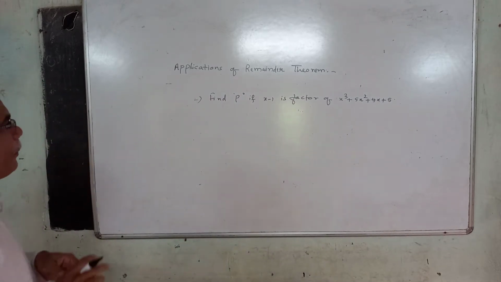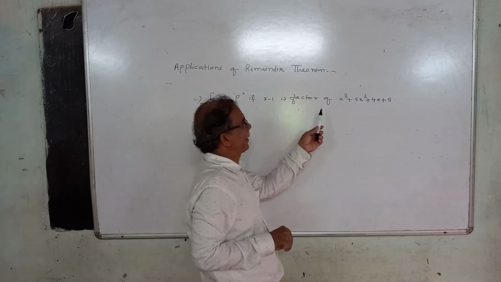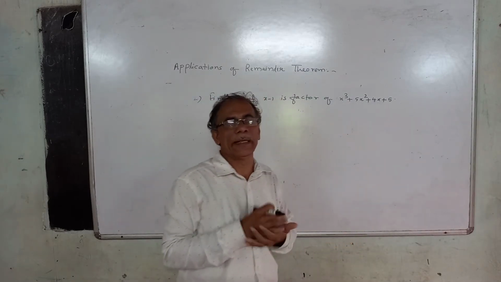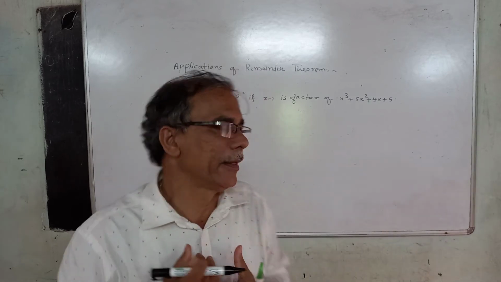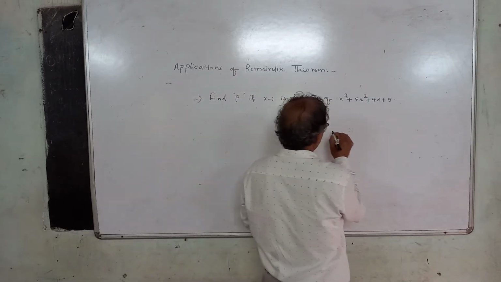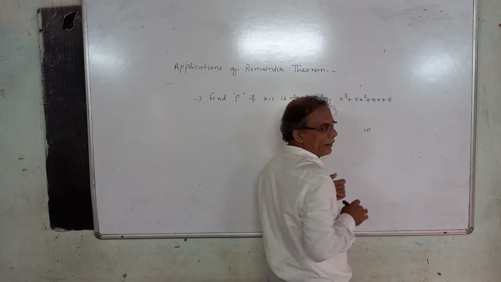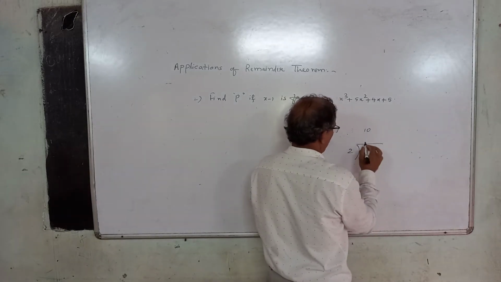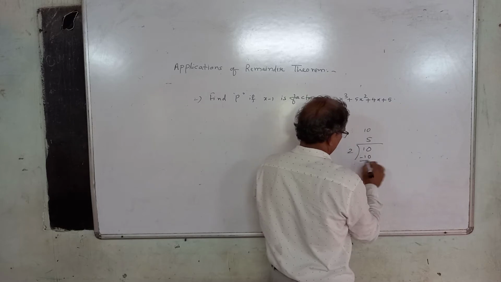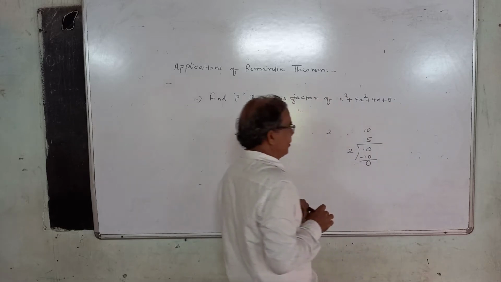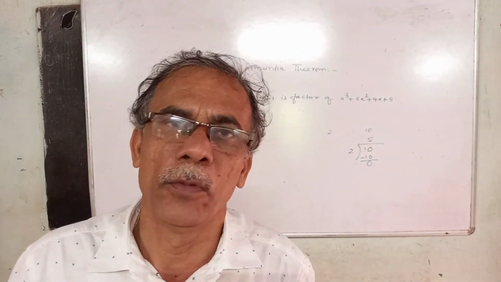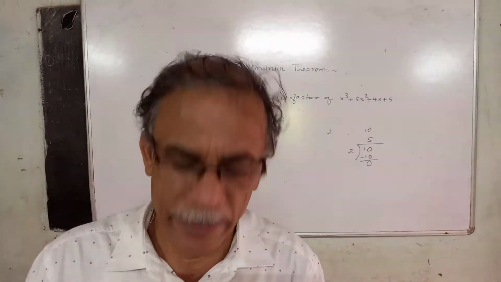Now see, find p if x minus 1 is factor of this polynomial, x cube plus 5x square plus 4x plus p. Now when we say one number is factor of another, for example, we say 2 is factor of 10. Why do we say this? Because when 10 is divided by 2, 2 fives are 10, remainder is 0. So when one number completely divides another number, we say that first number is factor of that number.